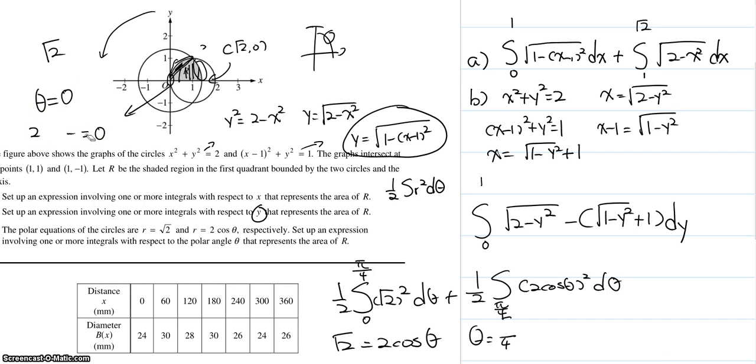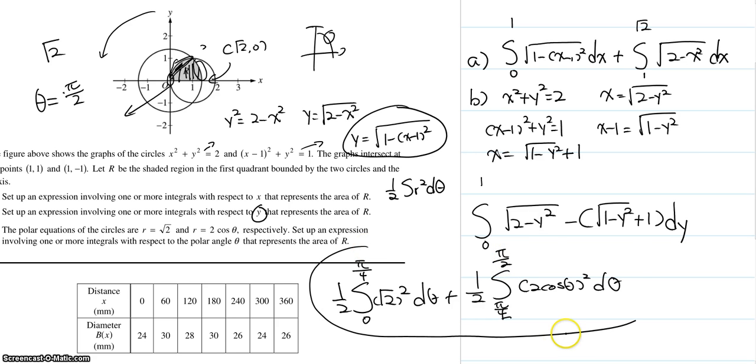We are on the other side trying to figure out what theta is. Well, it's at this point over here. And since we start at 0 and it's not going a quarter of the way through, we know that in this case theta is pi over 2. Now we have our upper limit of integration as pi over 2. Let me make this a little bit cleaner. There's your answer for part C.